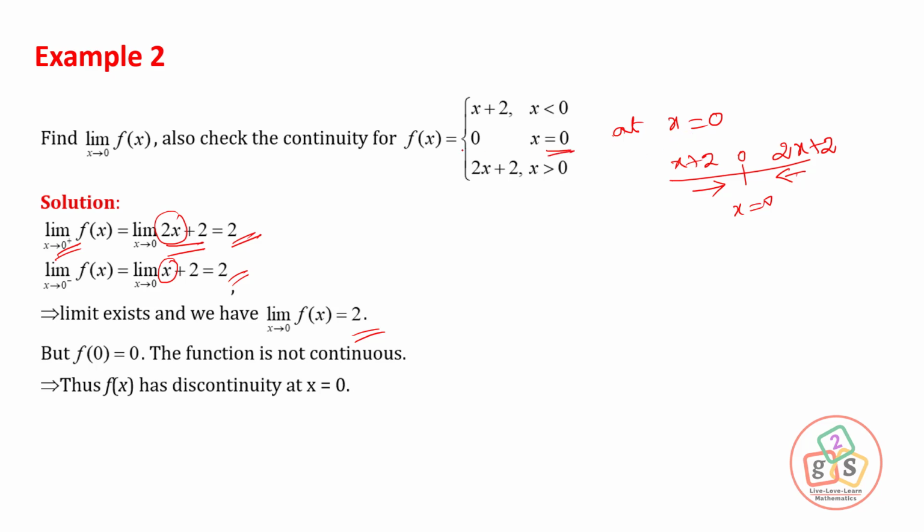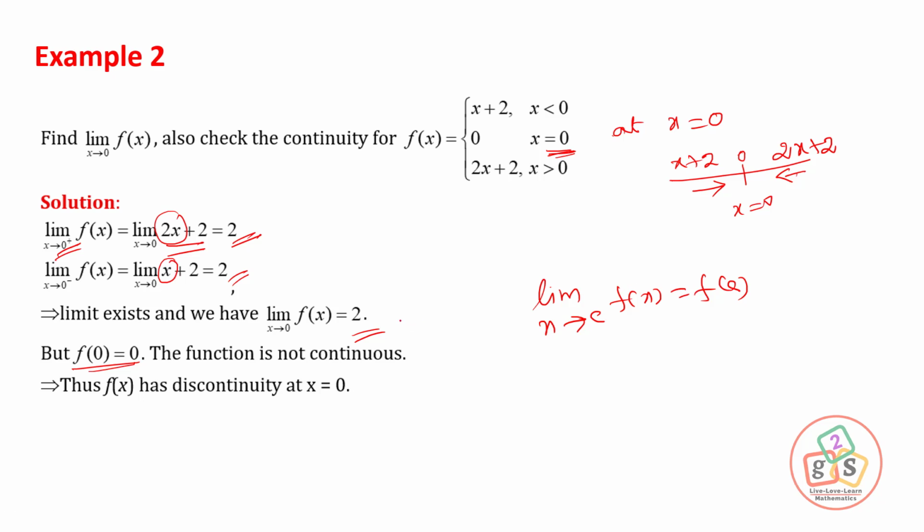And now we have to check the function value at x is equivalent to 0. Look at the given problem: f of x is equivalent to 0 if x is equivalent to 0. So f of 0 is nothing but 0. Now check the continuity. What is the formula? Limit x tends to a of f of x is equivalent to f of a. If this holds, then we can say the function is continuous at x is equivalent to a.